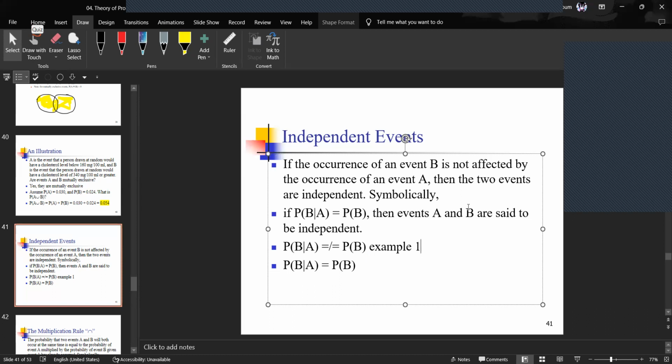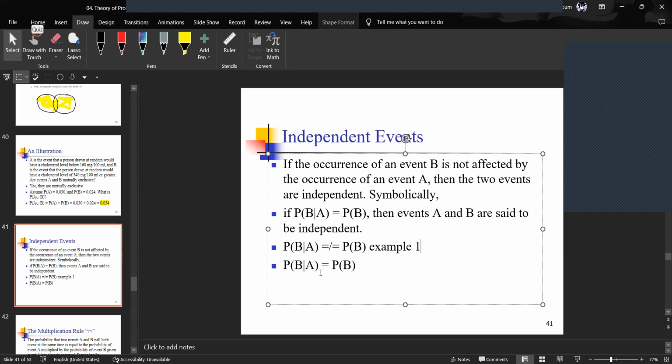Now, if it rains, then you're more likely to wear a rain jacket than if it doesn't rain. So the probability of you wearing a rain jacket, event B, given that it's raining, is not equal to the probability of event B normally. And so these two events are not independent because they're affecting each other.